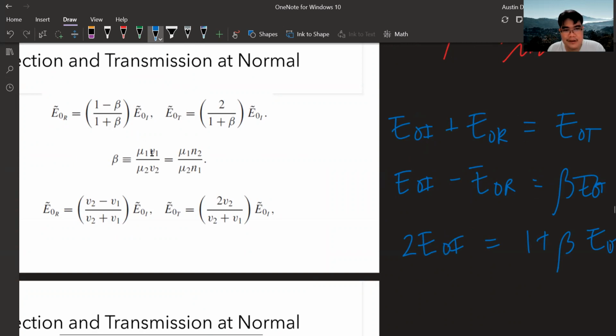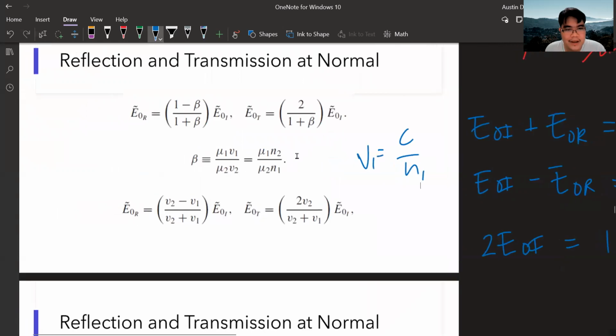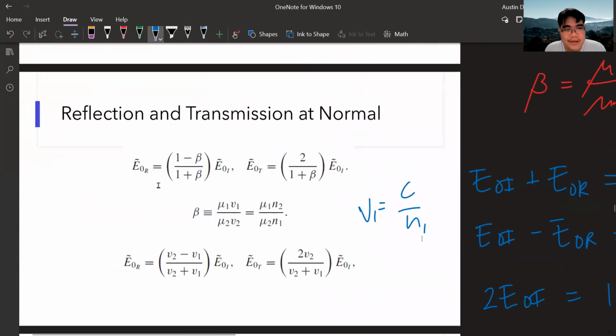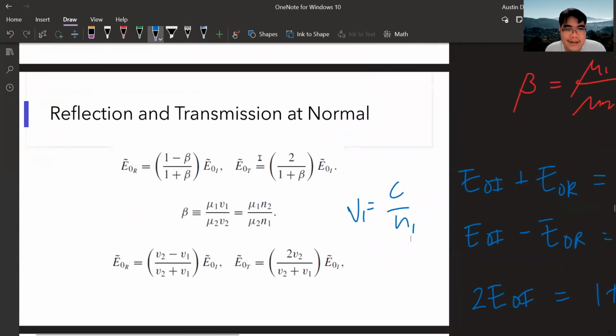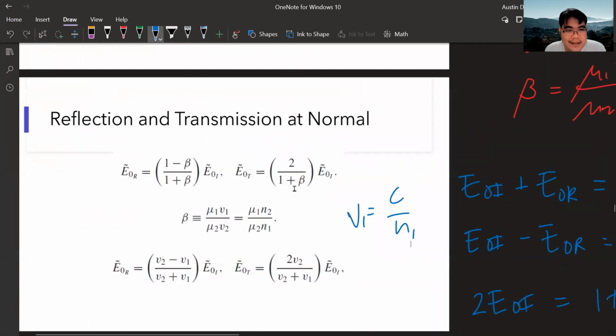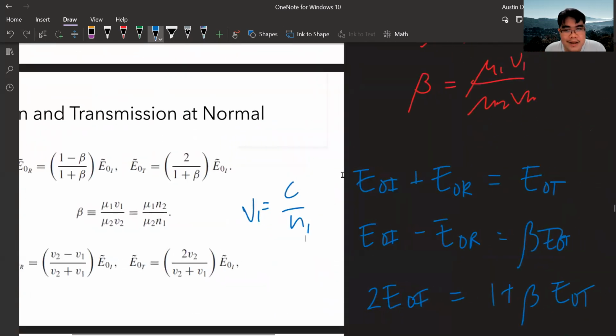Okay, si beta ito, then you can write them down in terms of index of refraction, which is easy kasi V is equal to c over n, and so V1 equals and so on and so forth. Okay, yan. Hindi ko na-solve to, nakita nyo naman na kung paano sinasolve tong isa. Kasi, ano lang yan, systems of linear equations.